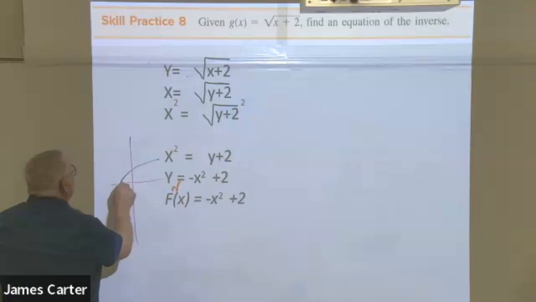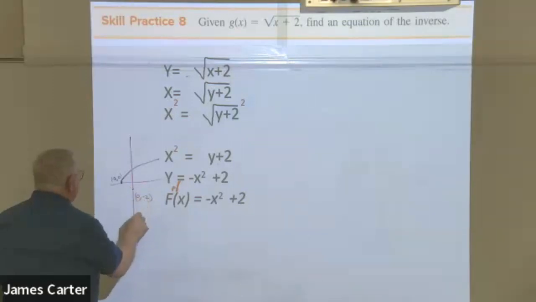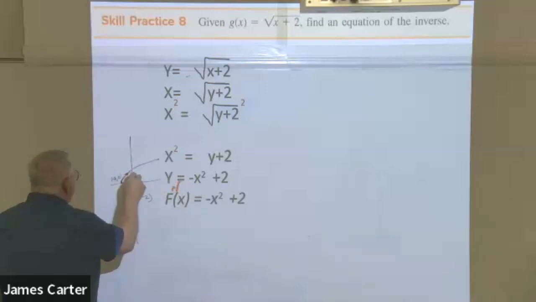Well, what's this one going to look like? If this is the point -2, 0, then here I would have the point 0, -2 right there. Ultimately, and here is the point 1, -1.